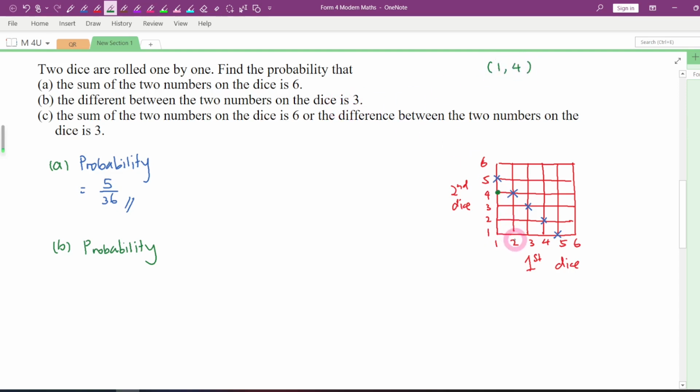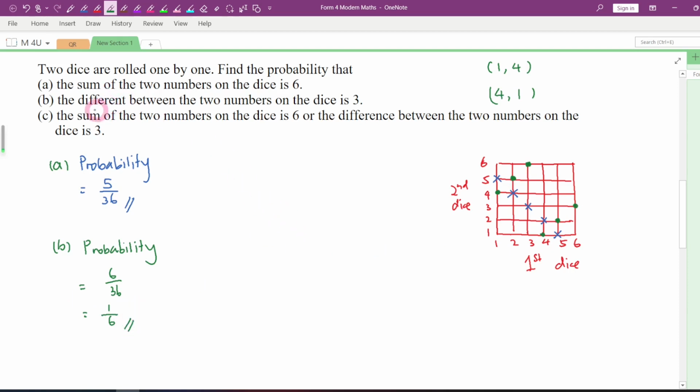So it can be 2 paired with 5. 5 minus 2 will give you 3. 3 paired with 6. 4 paired with 1. If the first dice gives you 4, the second dice gives you 1, their difference is also 3, right? Okay, so 5 paired with 2, 6 paired with 3. So the probability will be 1, 2, 3, 4, 5, 6, 6 over 36. If we simplify it, you will get 1 over 6.